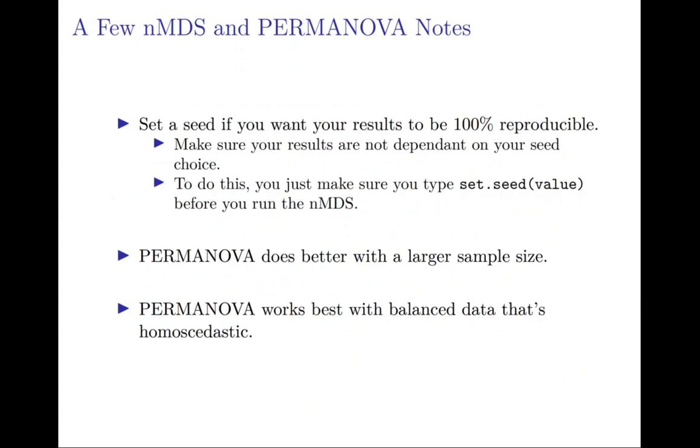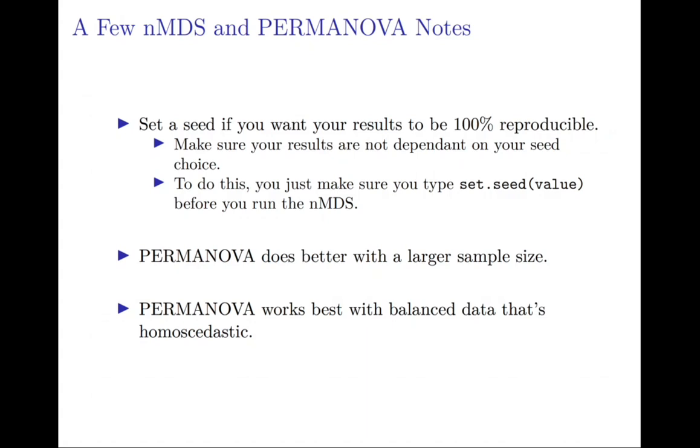I want to leave you with a few nMDS and PERMANOVA notes. One thing that was asked in class was, is it important to set a seed? If you want your results to be reproducible, or mostly reproducible, I should say, it's not going to be 100% reproducible. Make sure you set your seed before you run your nMDS, because the nMDS is an optimization process.